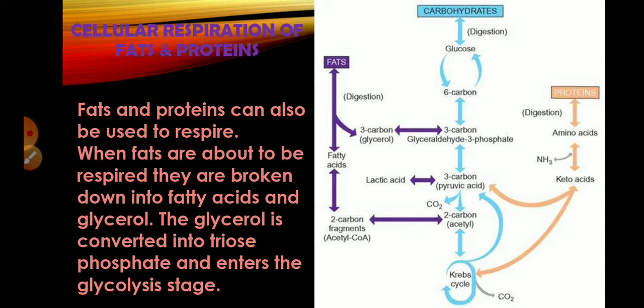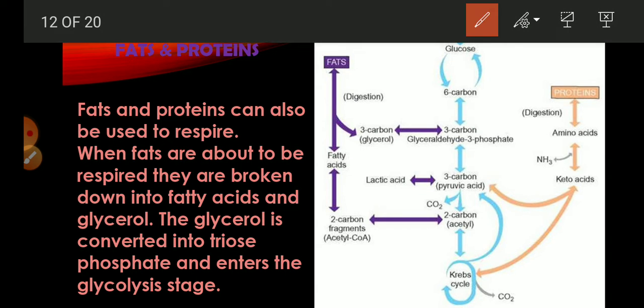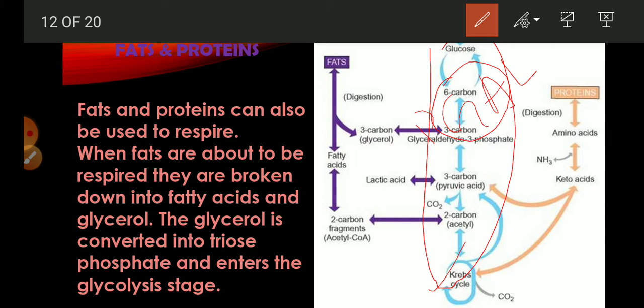Carbohydrates, when digested, form glucose, a 6-carbon compound, which breaks down into a 3-carbon compound, G3P or PGAL. This PGAL is converted into pyruvic acid, then transformed into acetyl coenzyme A, and enters the Krebs cycle. This is the breaking down of carbohydrates.